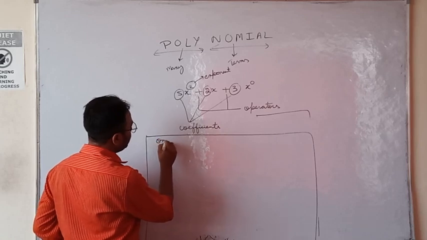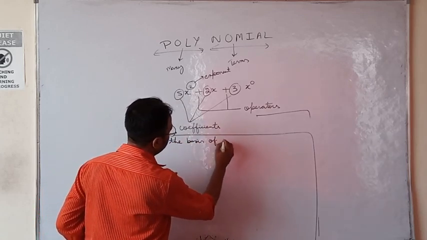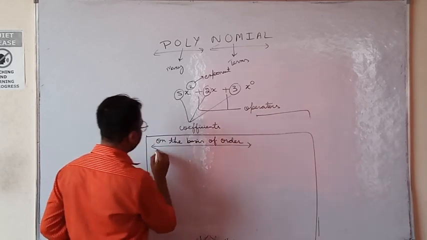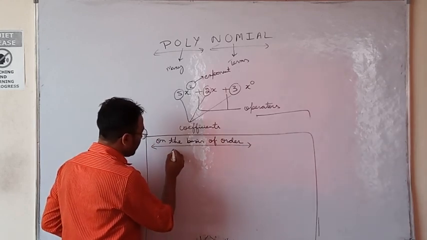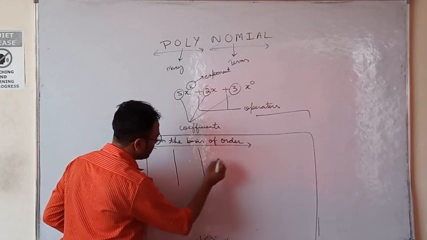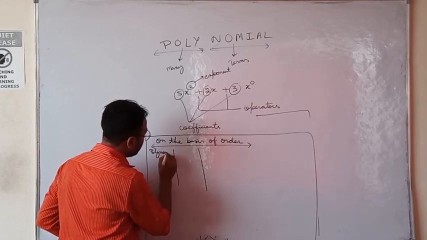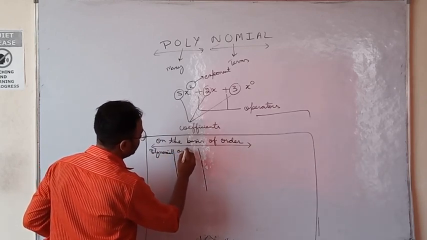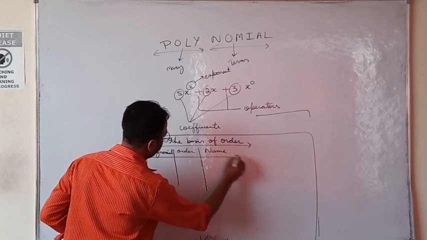On the basis of order, we need to understand the naming of the polynomial. So I will make one table here, with polynomial, order, and name.